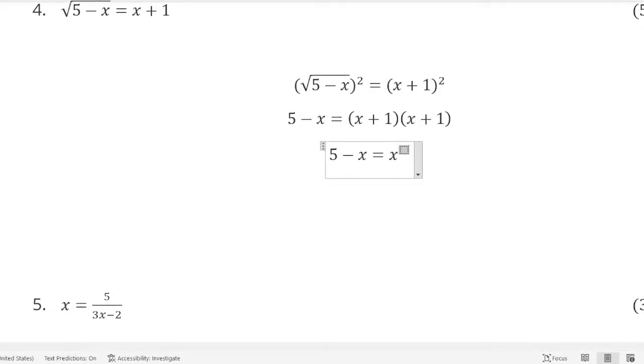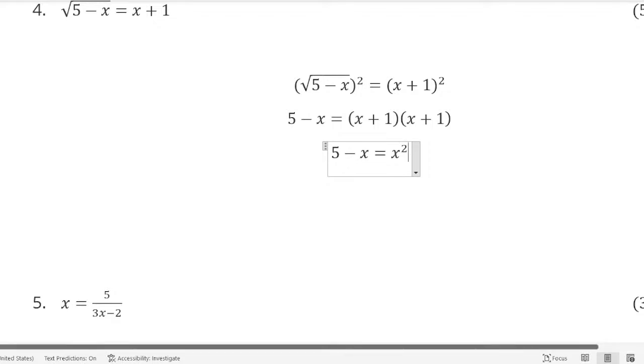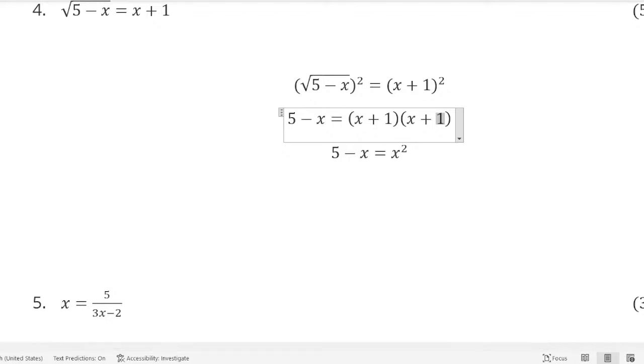Then x multiplied by 1. Now we're doing FOIL. We're done with the first terms. Now we're doing outer terms.